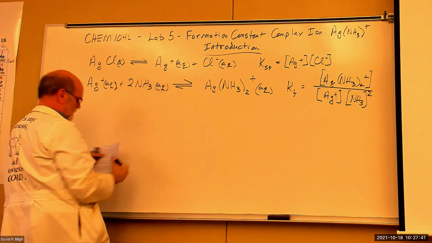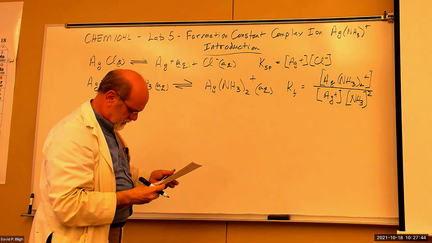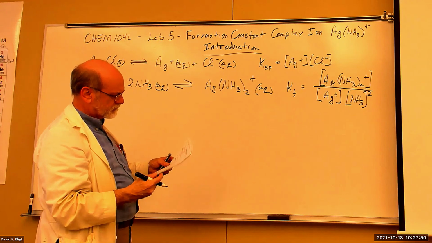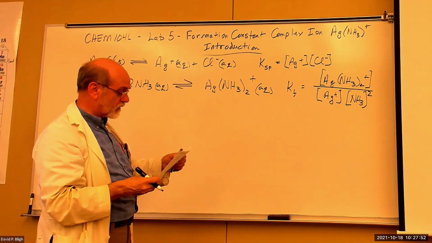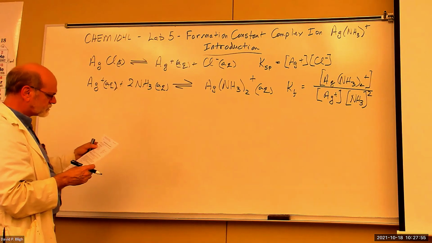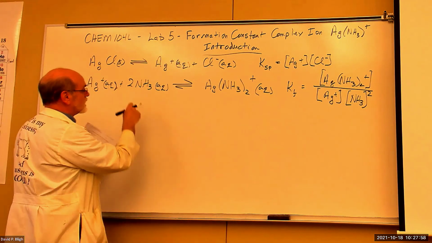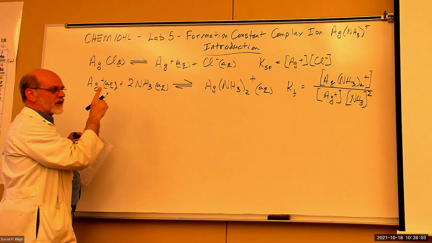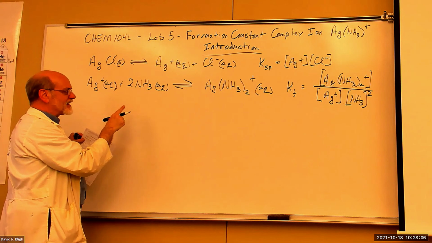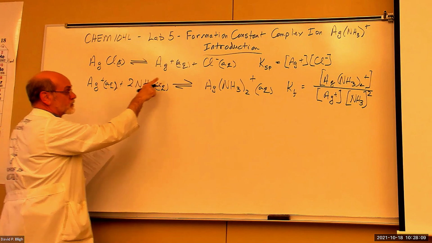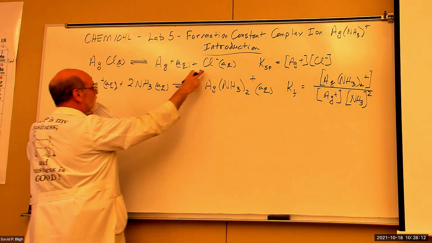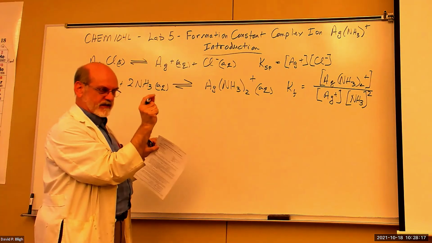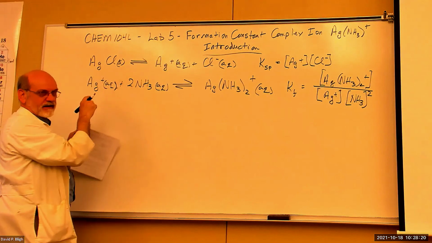So in order to find out this value, we're going to titrate this solution. Let's see, do we use HCl or sodium chloride? Potassium chloride. Yeah, sodium chloride would work too, but potassium chloride is good. We're going to use potassium chloride and titrate this solution until the Q exceeds the solubility product. At that instant, it will form some of that.